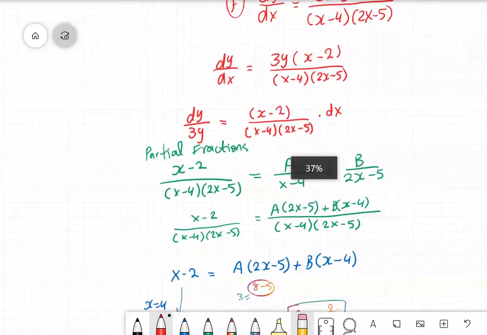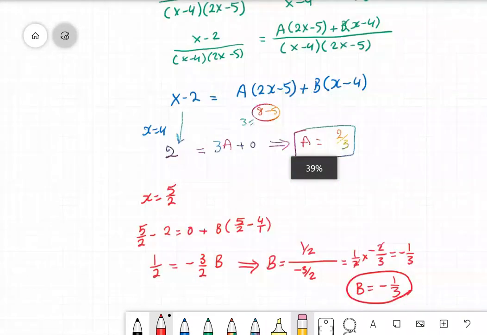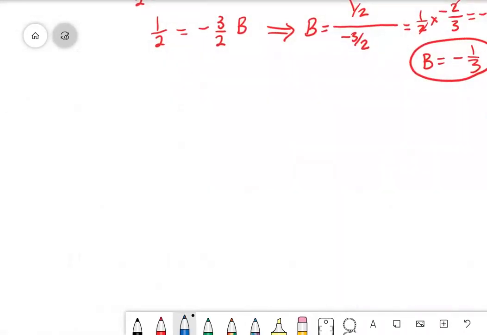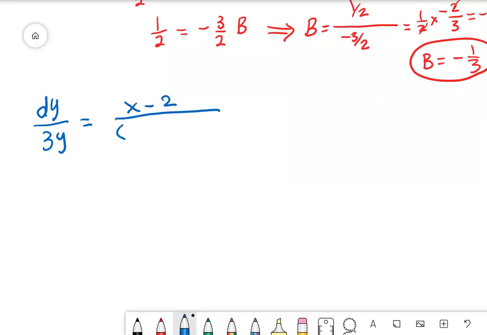So now I'll just write it again. We were at dy over 3y equals x minus 2 over x minus 4 times 2x minus 5.